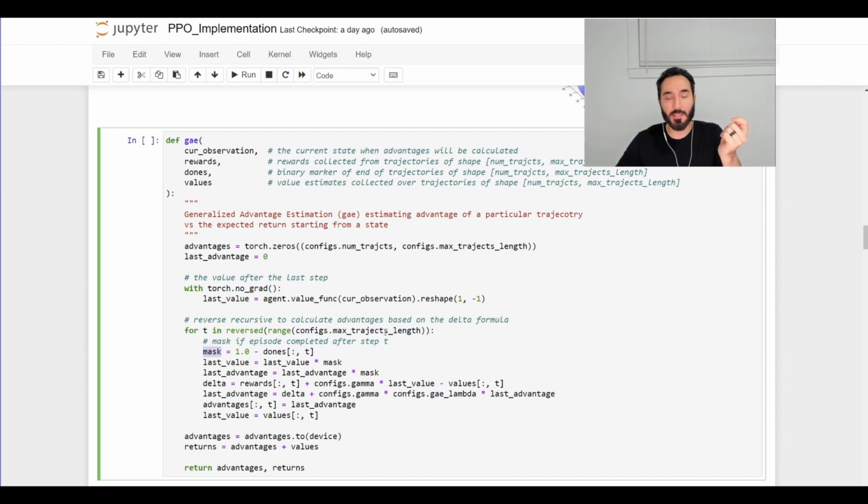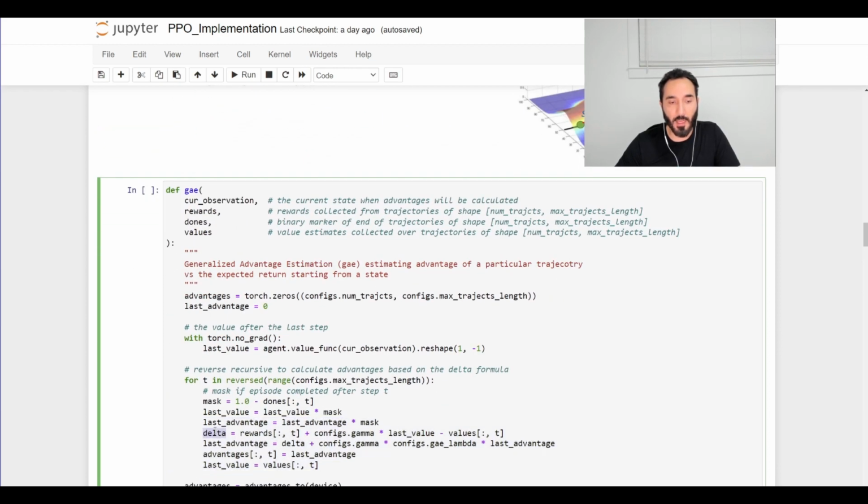The mask says that if some trajectories have ended quicker than the maximum trajectory length, then for those portions after termination, we don't want to do any calculation. Those are not steps we want to consider, so we mask them. The rest is what we have over here.